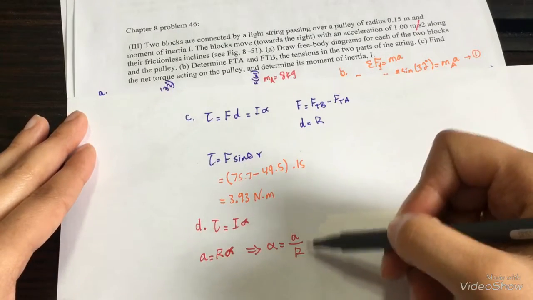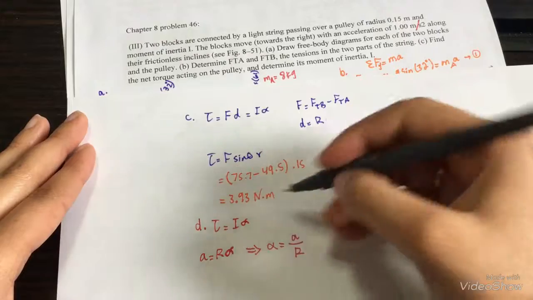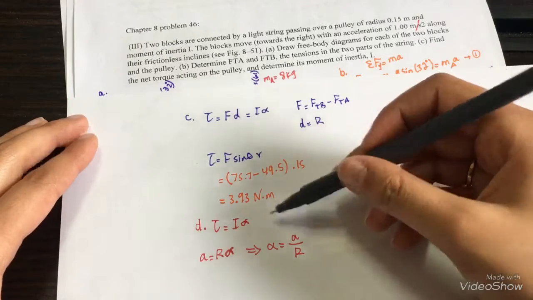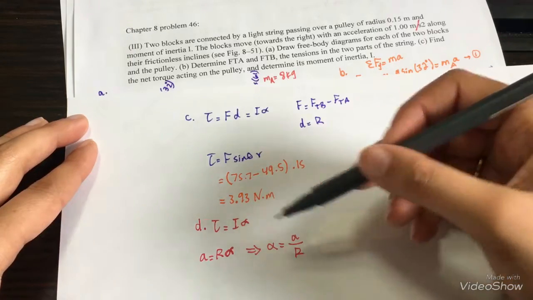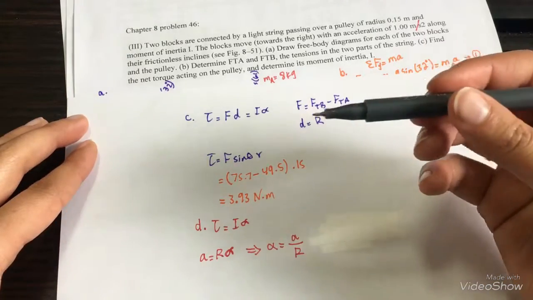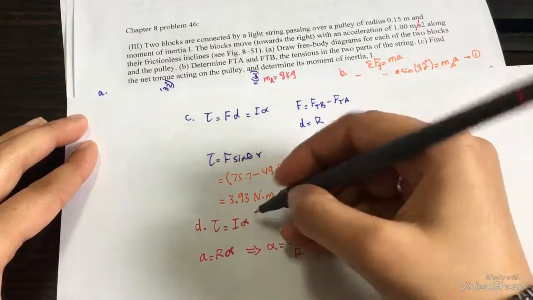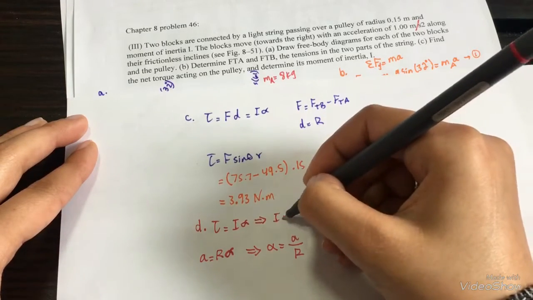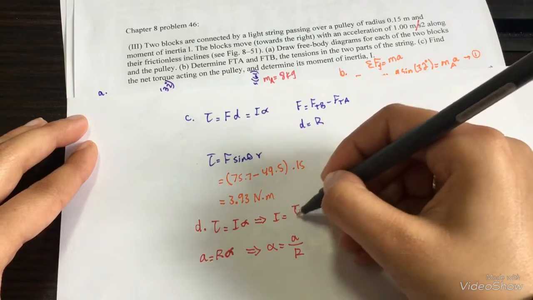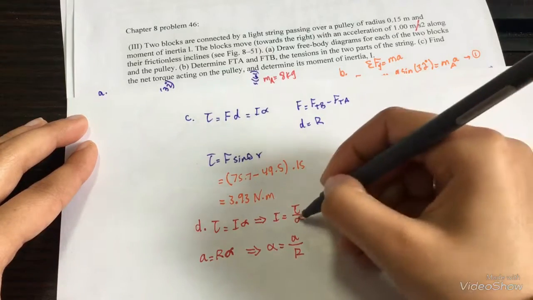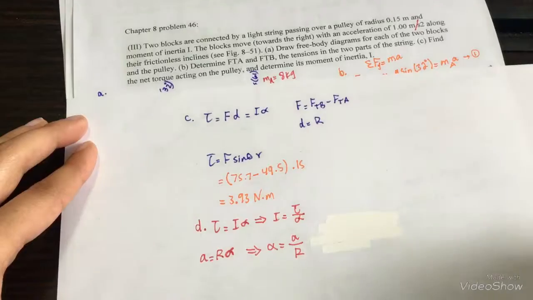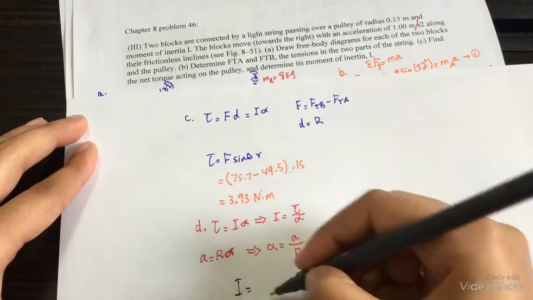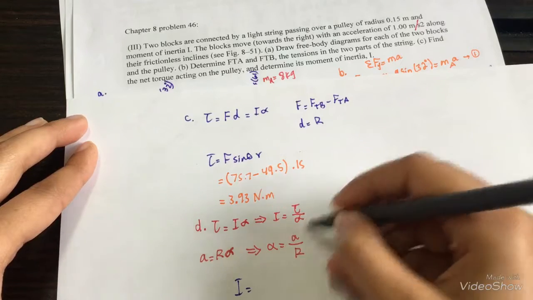We just need to plug in the numbers, and we can do it in two ways. We can find the alpha and then find the inertia, or we can find both at the same time. The inertia is equal to torque over alpha.